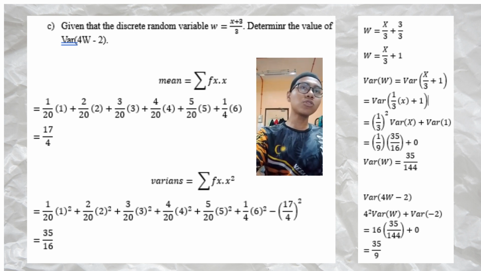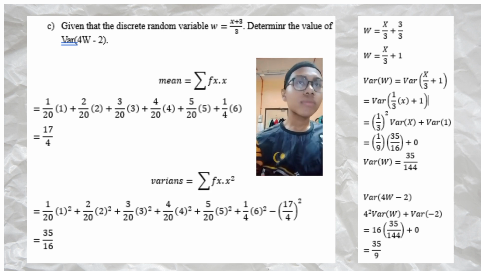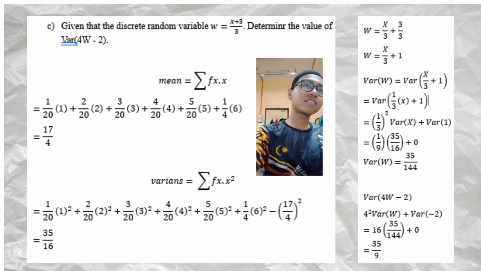Mean is equal to sum fx times x. So fx is x over k and 1 over 4. So we need to substitute the k with 20 and x with 1 until 5, and then we plus other number.